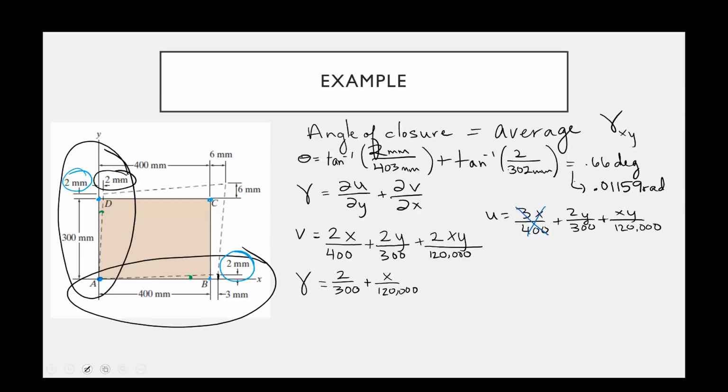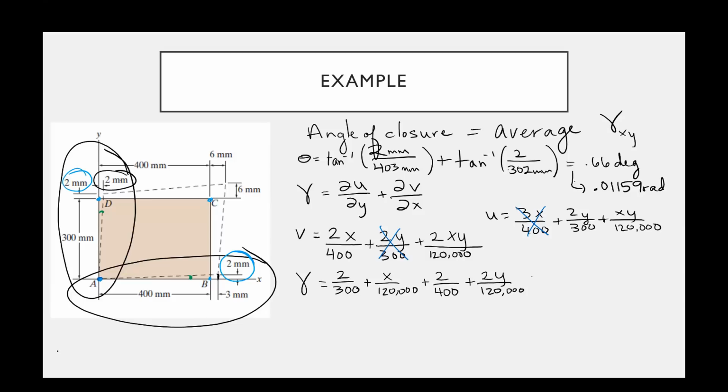And then we take the derivative of v with respect to x, and when we do that, this term is 0. And the remainder of the equation is 2 over 400 plus 2y over 120,000.